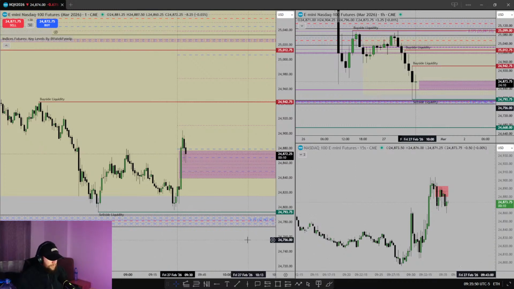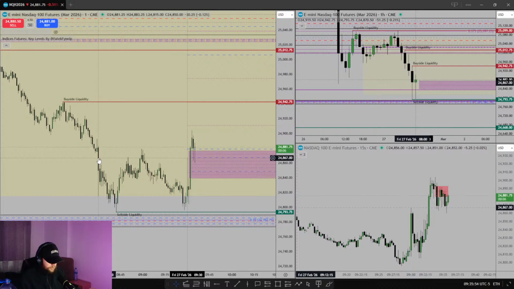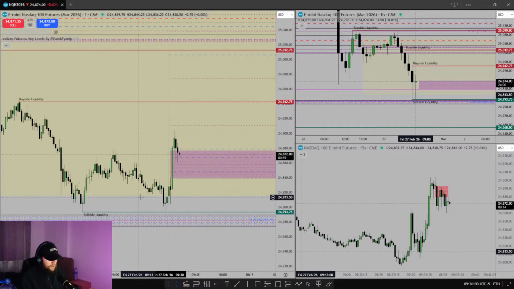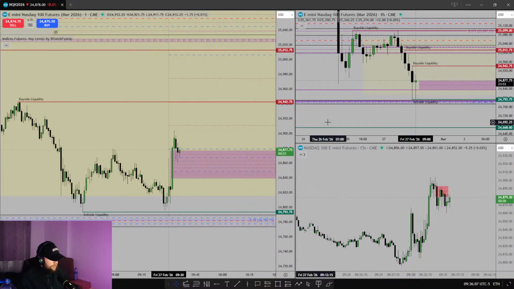For now, it's kind of 50-50. We did have news today here at 8:30. It went lower here and had this retrace pattern here. Because we are having buy side and sell side on both sides, basically on the 1 hour chart.